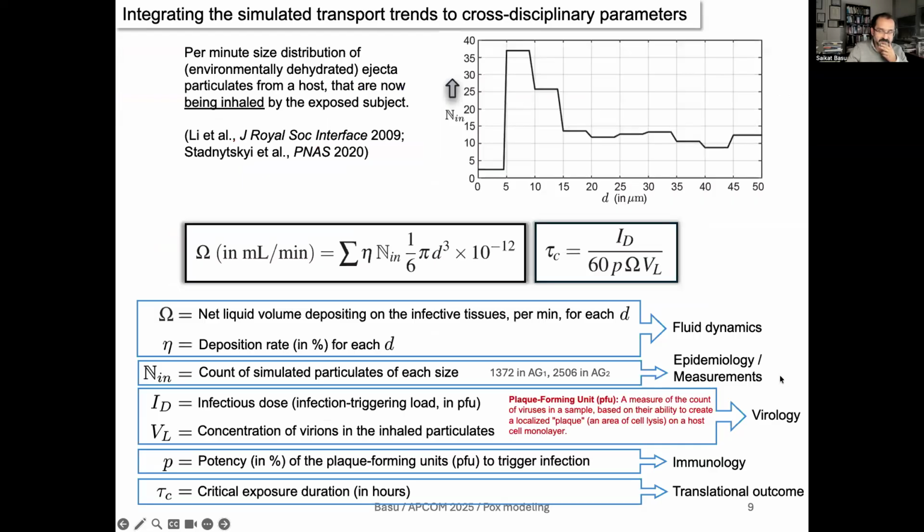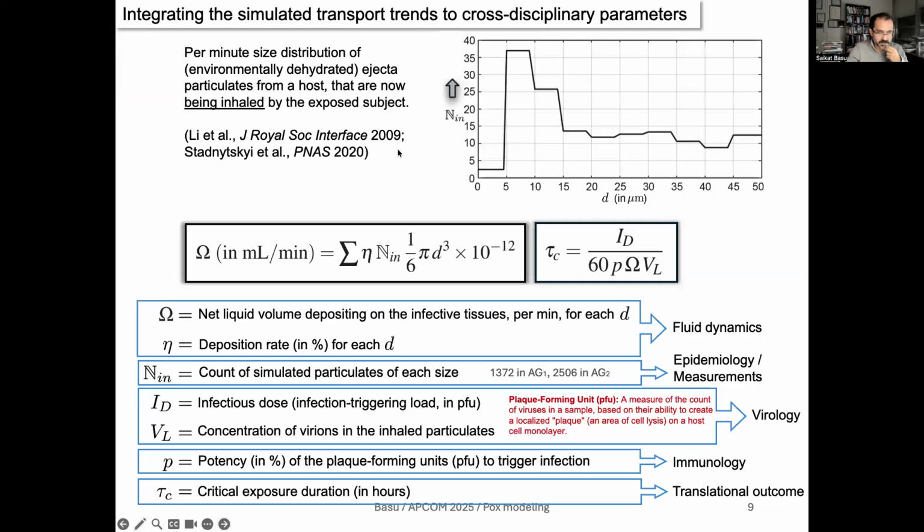Now, once we have the basic flow outcome data from the simulations, we now need to know what is the size distribution of particulates that one is going to inhale. So for that, we have used respiratory ejecta data that have been reported in literature in terms of their particle size distributions.